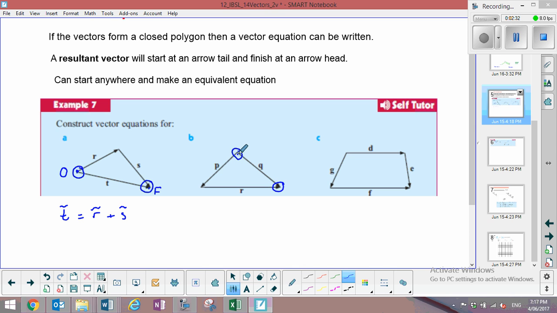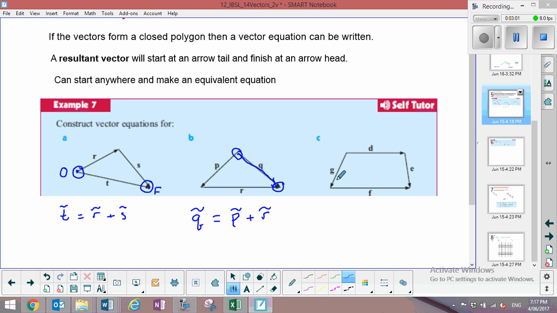So vector q can be our resulting vector. So q, that vector, is the same as doing vector p plus vector r. So follow that vector, then that vector, is the same as doing this vector.